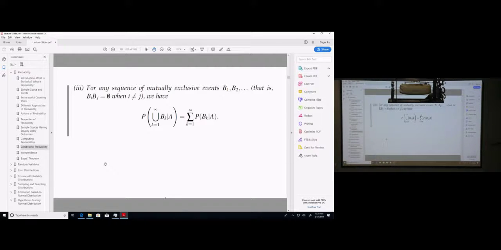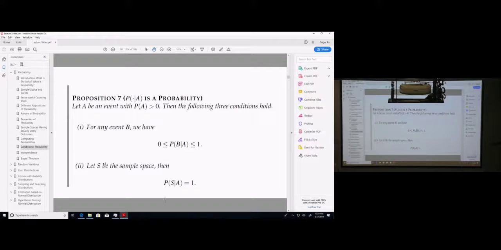So basically, this proposition is saying that the conditional probability as a function, the variable is changing here. It is the probability assignment. Okay, we can give a very quick explanation or proof of why these three things hold.